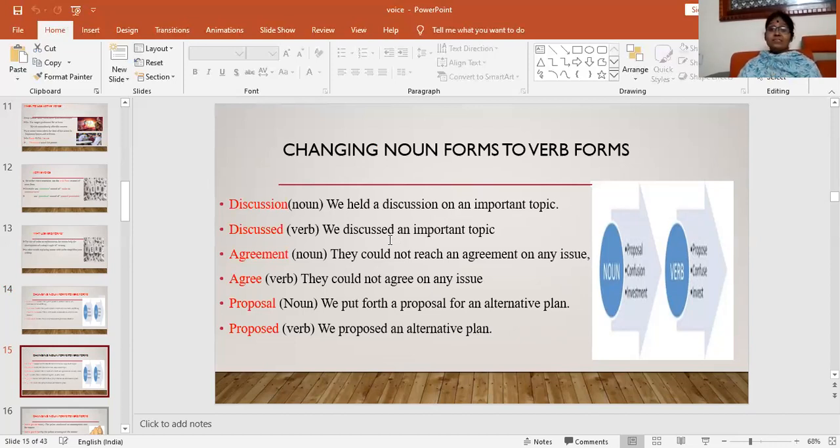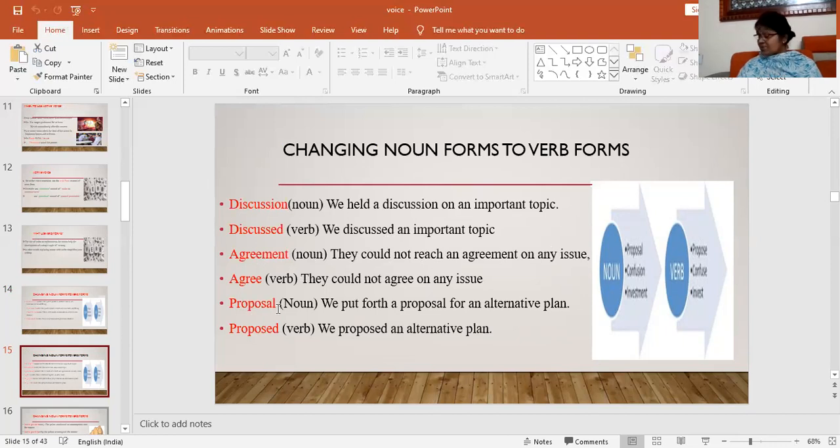So this is required for us in writing skills. Simple language is required. Say agreement, MENT. This also shows us that it is a noun form. They could not reach an agreement on any issue. I want to change this. So if I have to change agreement to verb, it will become agree. And the sentence will be, they could not agree on any issue.